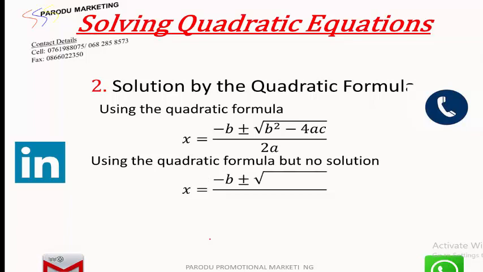So you don't need to factor or factorize. You can always use the quadratic formula. If you get a no solution, it's possible to get a solution where there is no solution. So always remember it.